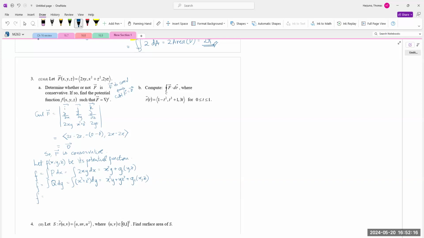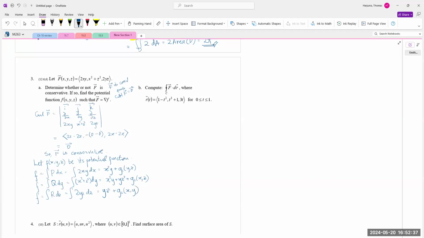On the last part, the integral of R dz, 2yz with respect to z, that's y z squared plus a function of x, y.